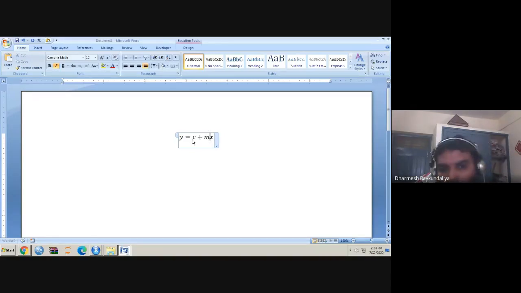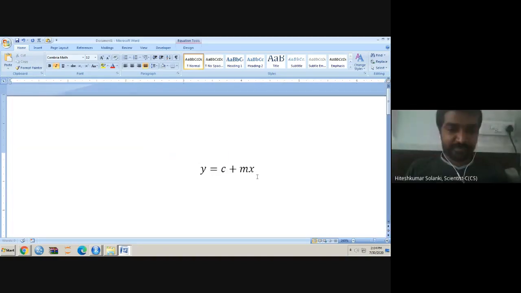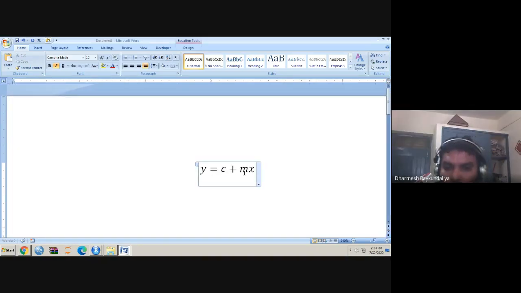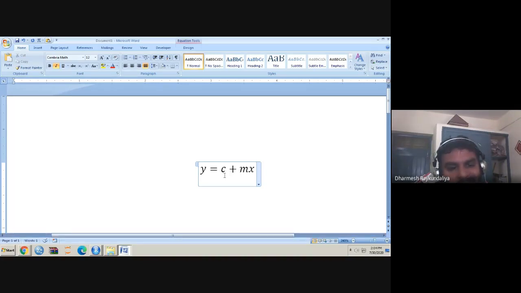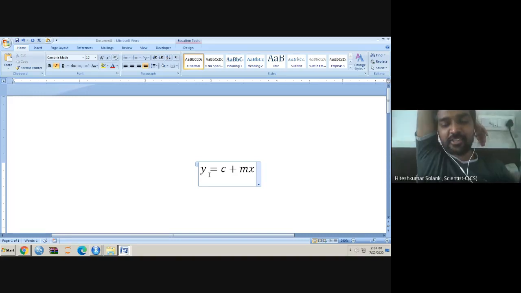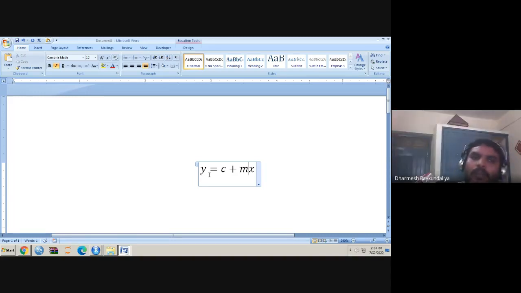So this is a mathematical equation: y is equal to mx plus c. Given a value of x, if you know the value of m and c, you can exactly obtain the value of y. Is that okay? This is what we studied in 10th standard. So if we know the value of m and c, we can exactly obtain the value of y.